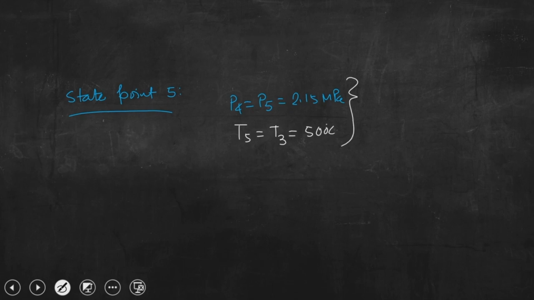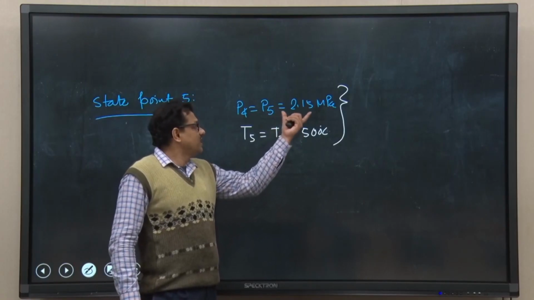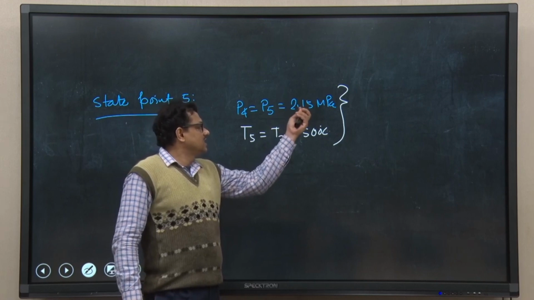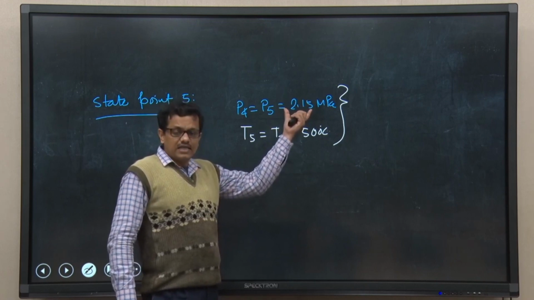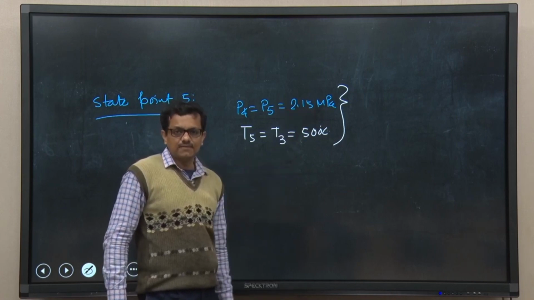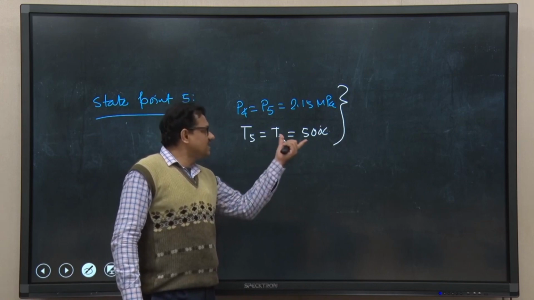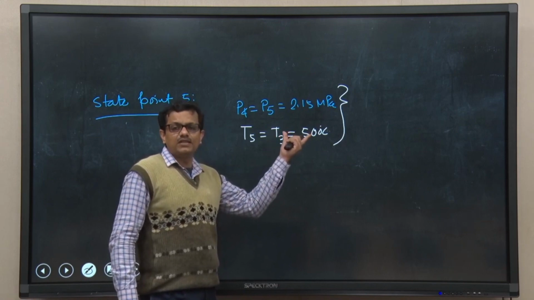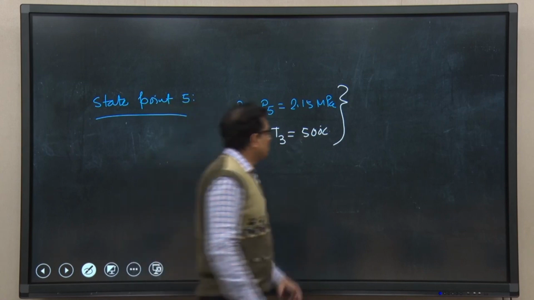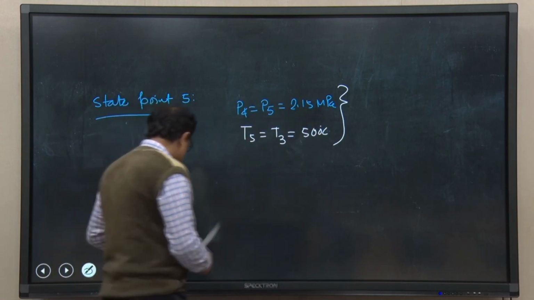Now, again you can look at the superheated table. What we can do is find out the temperature at this pressure, what is Tg. If Tg is less than this T5, then point 5 will be in the superheated region. So, from the superheated table, let me write the value.